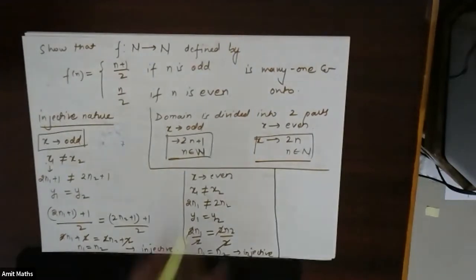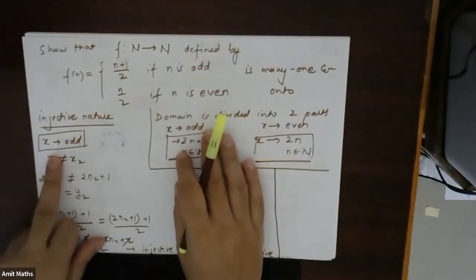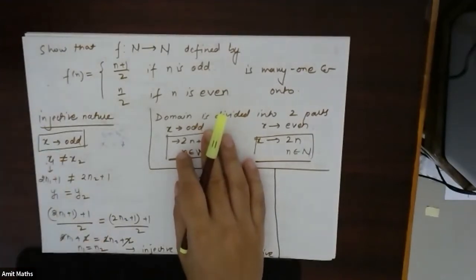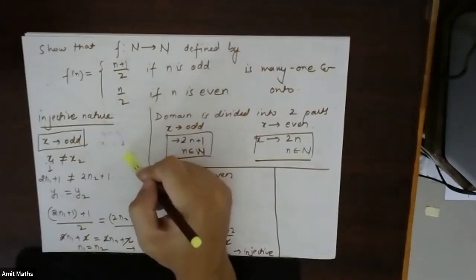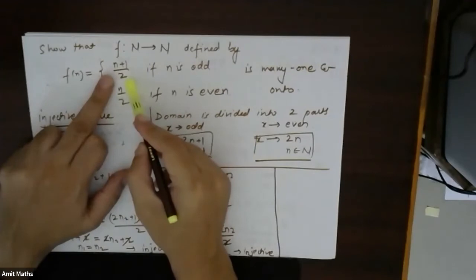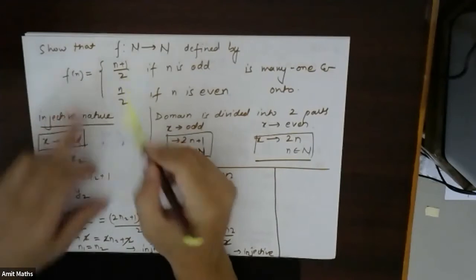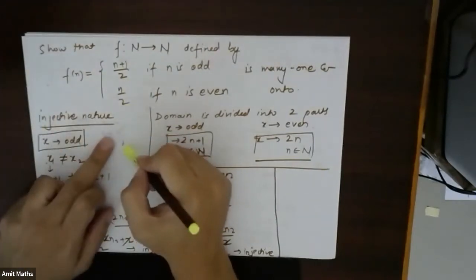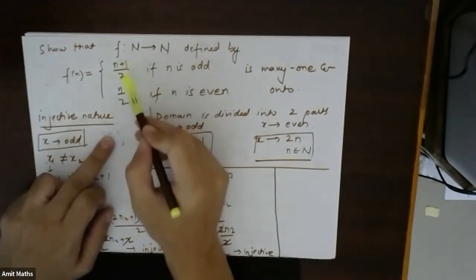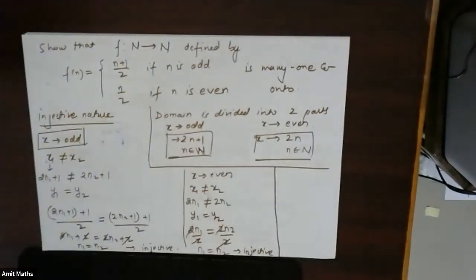For example, taking both odd, 5 and 7: 5 plus 1 is 6, by 2 is 3; 7 plus 1 is 8, by 2 is 4. Taking 11 and 13: 11 plus 1 is 12, by 2 is 6; 13 plus 1 is 14, by 2 is 7. So you always get y1 not equal to y2.